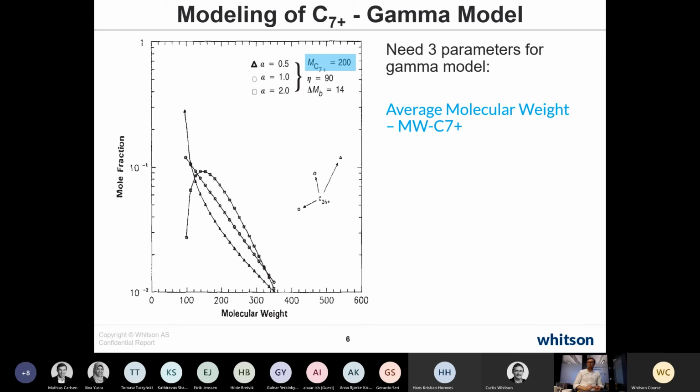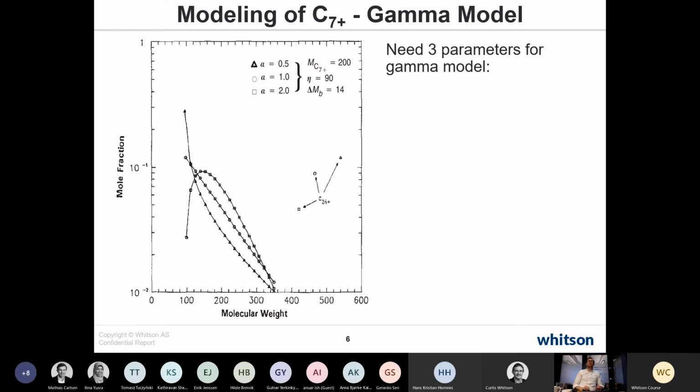And we can upload the paper on heptanes plus characterization. I think it's already uploaded there, the 83 paper from Curtis. And Bill will go through this in detail in a little bit. This is a figure from the SPE monograph that is also uploaded in the course material, just showing a few different versions of the gamma model with different shapes essentially.